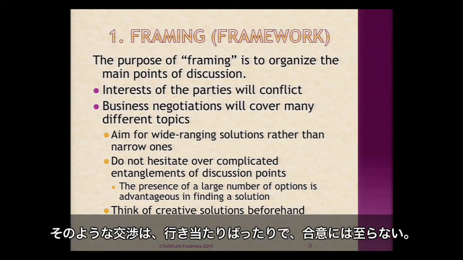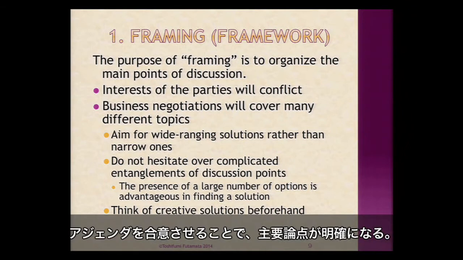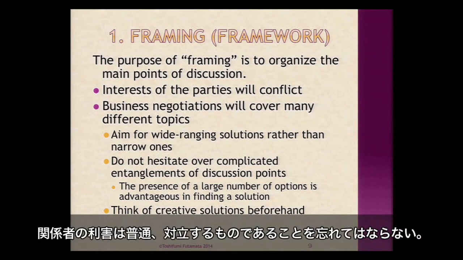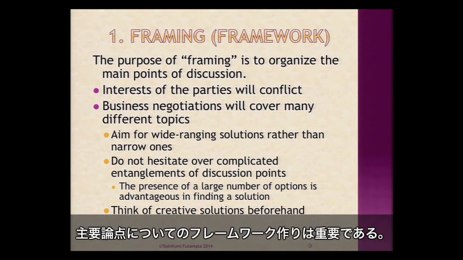No progress is, of course, expected. Agreement upon the agenda will work to clarify the main points of discussion. Keep in mind, the interests of both negotiating parties are usually in conflict. You need to clarify, or you need to frame, the points of discussion.